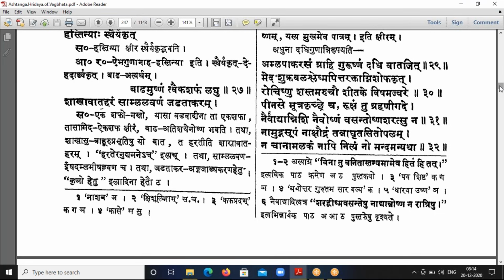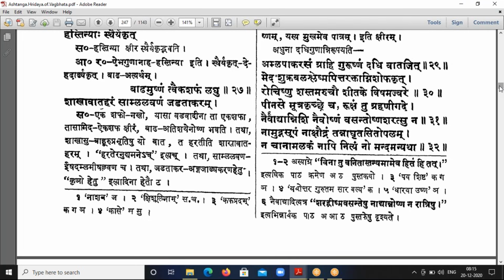It is good in the type of Vishamajjara, Sheetake Vishamajjare. Then Penase, it is good in Penasam. Penasam is basically a Samprapti which is dominated by Vada, and here it is Vadajit.